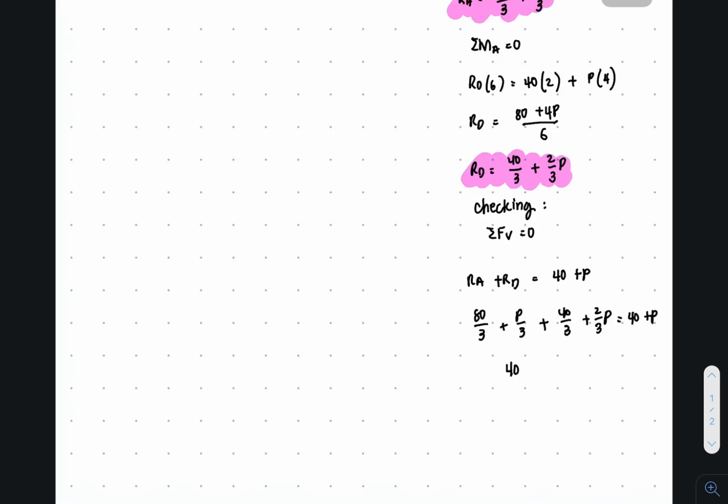So it's 40, then plus 1/3 plus 2/3, it's P, and that is equal to 40 plus P. So we got it correctly.